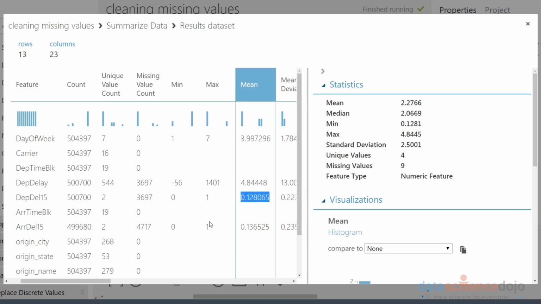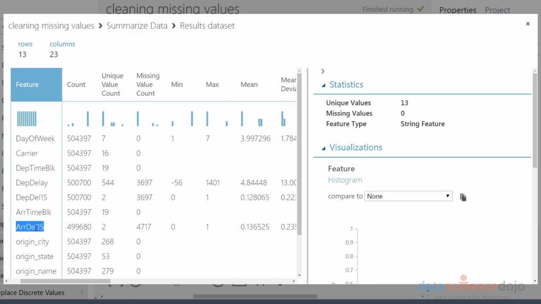So you can say that 87 or 88% of the time, based upon this data set and this sample, flights are on time, and only 12 to 13% are late. I would say that's still pretty bad, because if I were 10% late to work, I would probably get fired.